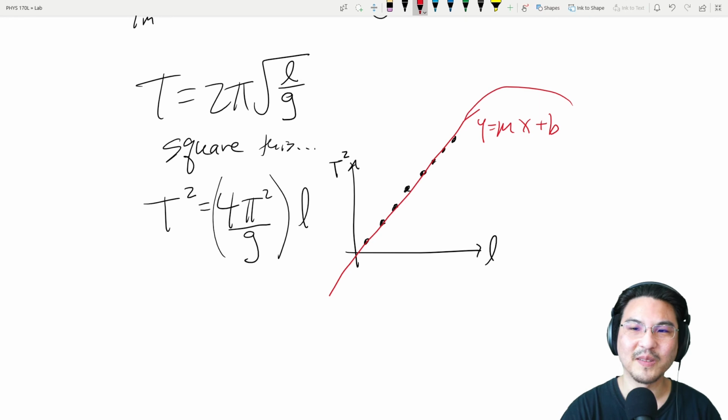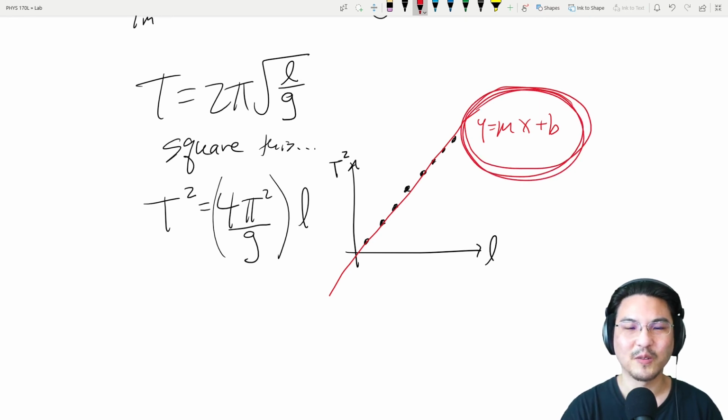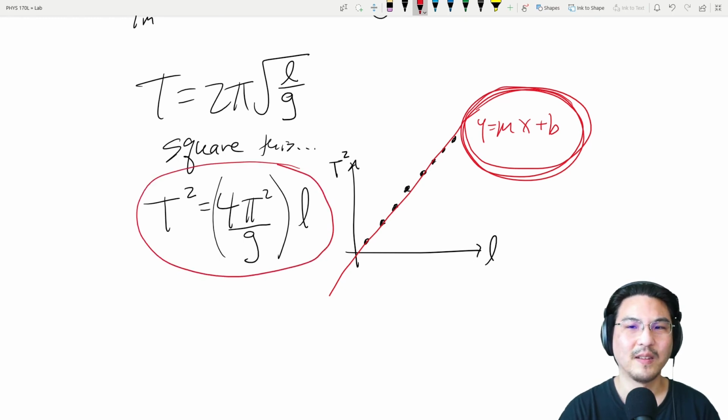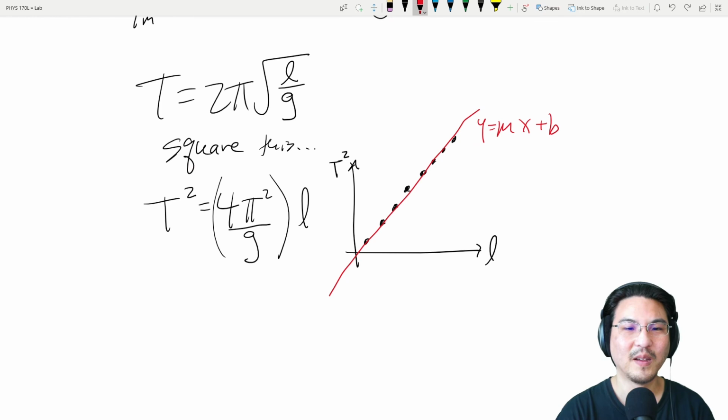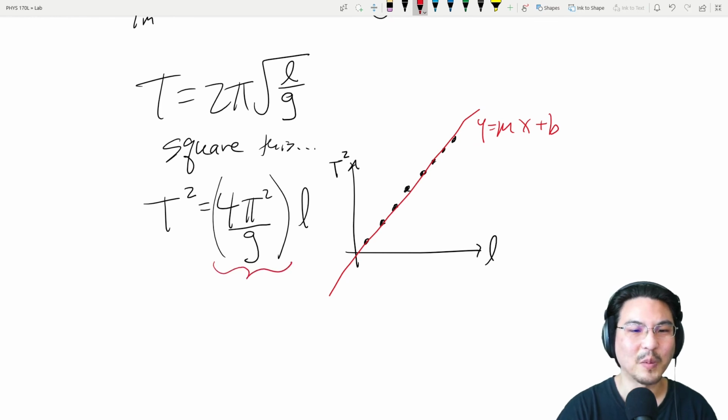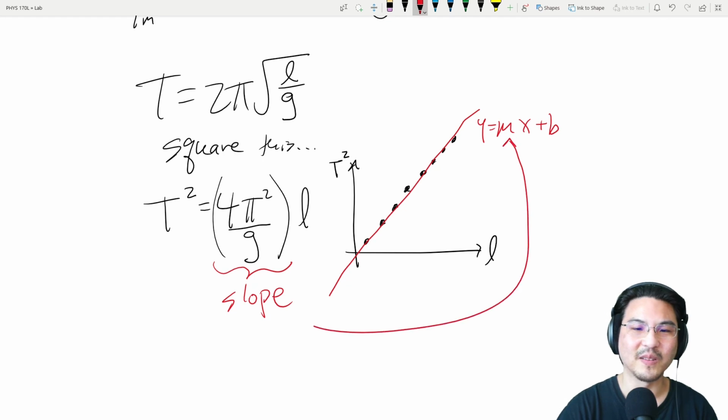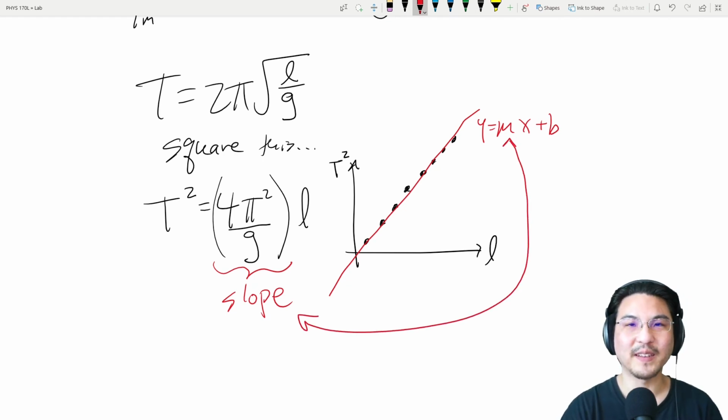And now look at this equation for the trend line compared to this equation. What is the slope? This is the slope, right? These are the same. So when you do your fit, your trend line, whatever the slope is here, get that number, right?